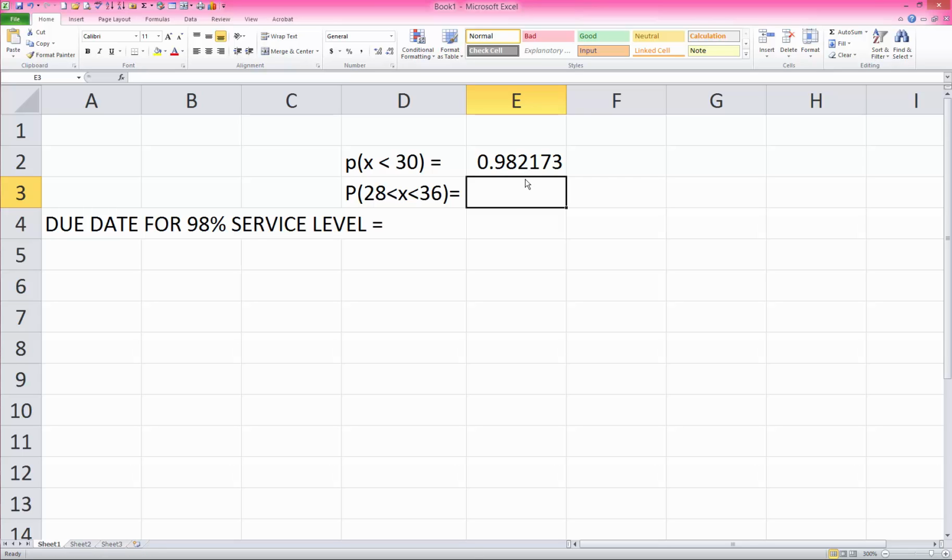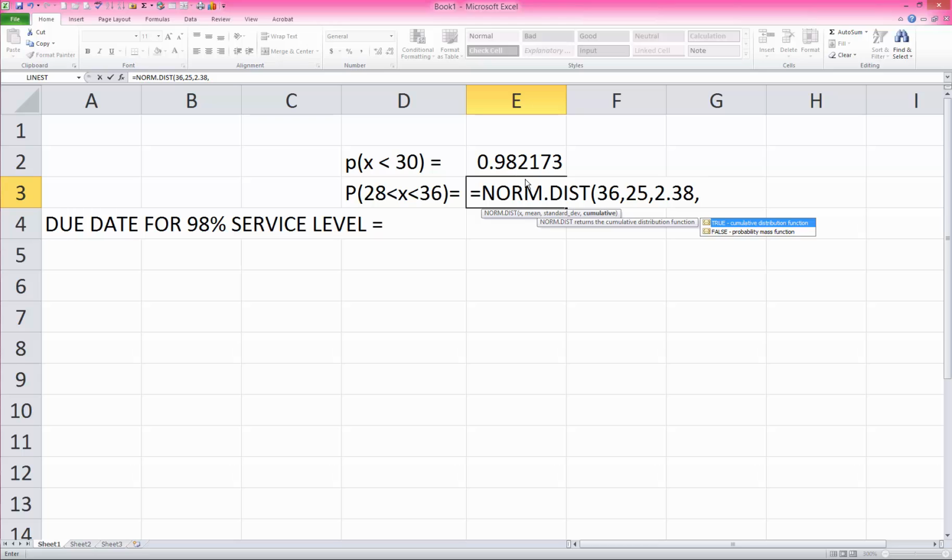To compute this probability, what is the probability that the time is between, let's say, 28 and 36 weeks? We have to perform the norm.dist function twice, so equals norm.dist. First, we computed for 36, where mean and standard deviation are inputted, and I say true.